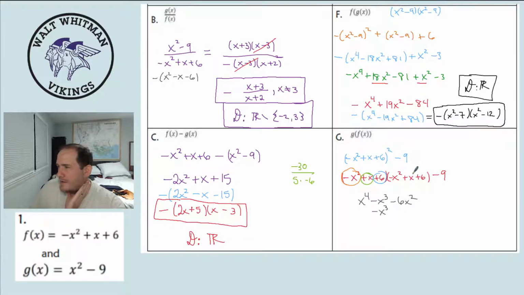Then we'll get just a plus x squared, which I'll align with the other x squareds. And x times 6 will give me a 6x, which gets its own new column, so that's a linear term. Now we're distributing 6, so you'll get negative 6x squared, which will go in this column, and a plus 6x, and a plus 36.